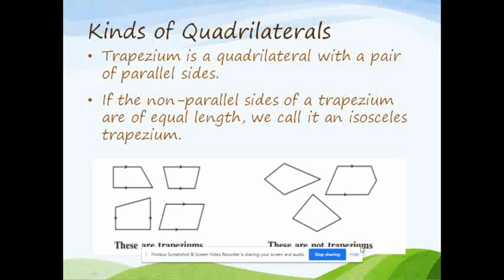These two diagrams are very important for comparing what are trapeziums and what are not trapeziums. Look at this. According to the first condition, a trapezium is a quadrilateral with a pair of parallel sides. Look at all these figures.